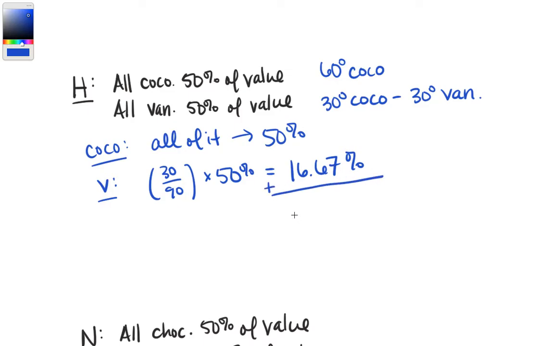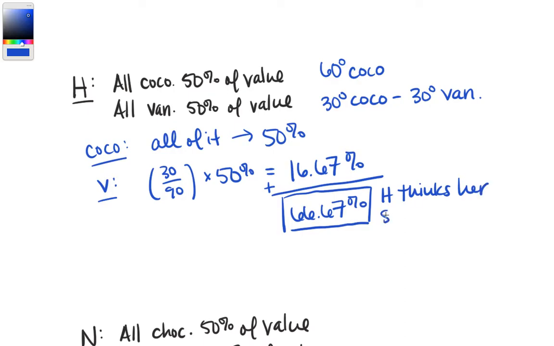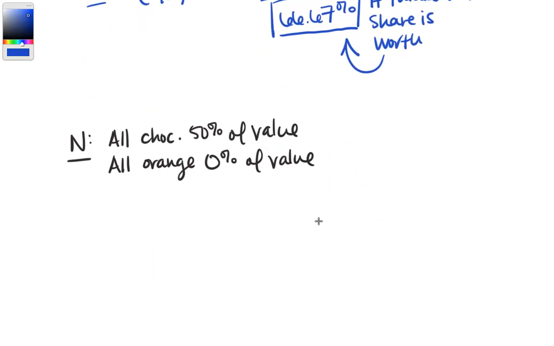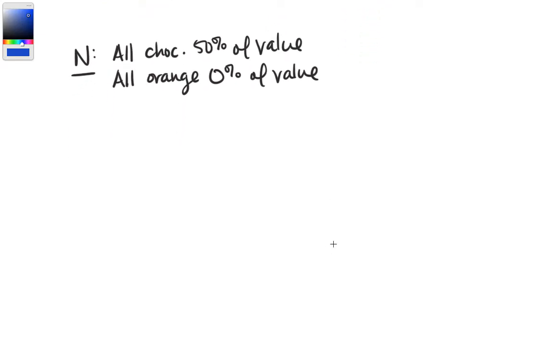And that gives us 66.67% total. So Hermione thinks her share is worth this much. So she got a really good deal. Okay. And now let's do the same computation for Neville.